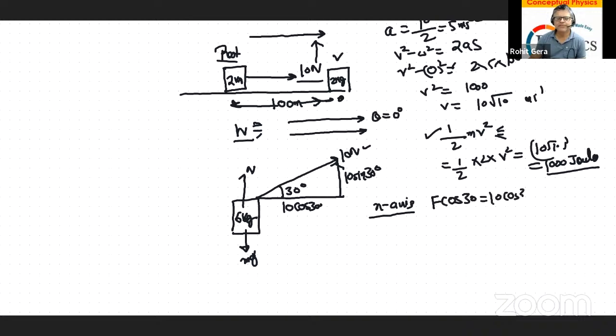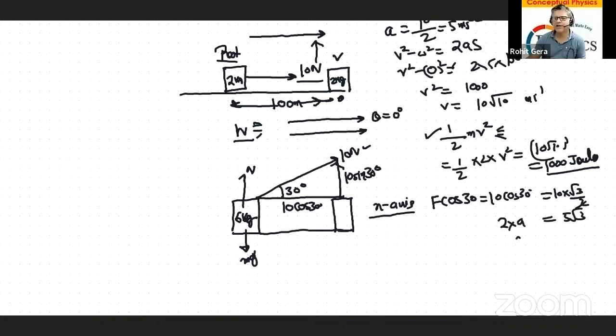And you see that the body slides on the ground and maybe it covers some distance. Okay. And this time, however, if you notice, the horizontal component of the force has reduced, right? It will become 10 into root 3 by 2. So 5 root 3. And the same 2 into A.